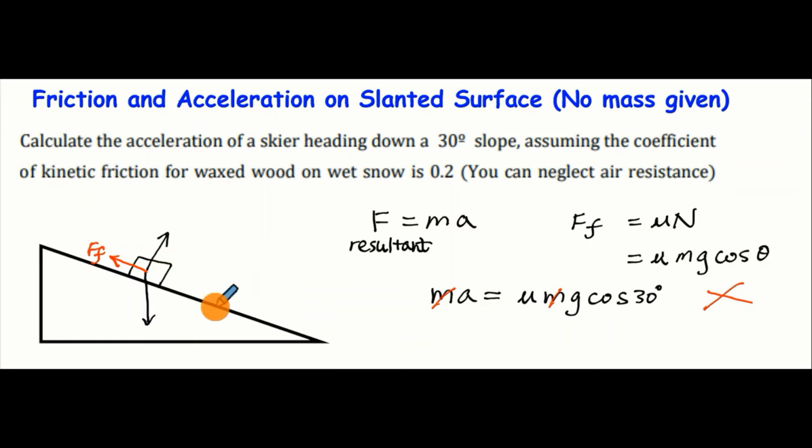So what's the resultant force then? You have to decompose the gravity into two parts. That's where our mg cos and mg sine come into play. The mg cos is this blue arrow here, which is the opposing force of the normal force. That's why our normal force equals mg cos.